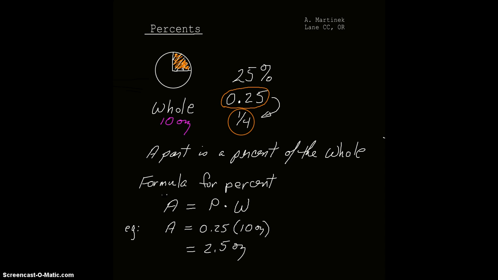All percent problems can be written in this way: A is equal to P times W. Now some books will use different letters. They might say A is equal to P times B, or we could use any variables we wanted. But the key is this percent is in decimal.